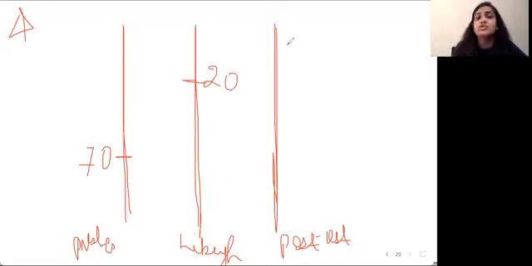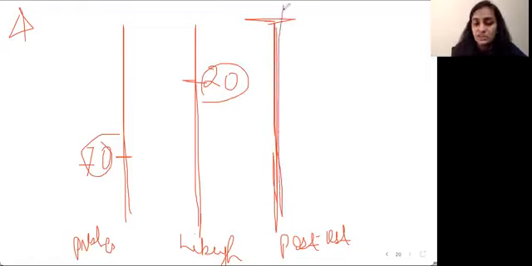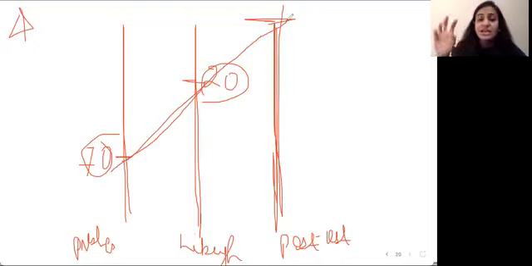Anyways, in this, they have asked you what is the post-test probability. If you've been given the pre-test probability and the likelihood ratio, how do we identify the post-test probability? We just draw an imaginary line from 70 to 20 and extend it all the way. Your options could be 96, 97, 98, but if they give you options in the exam, they are not going to be this close.